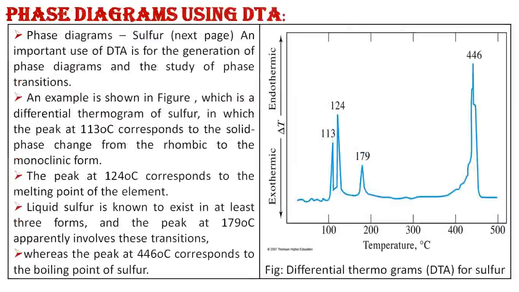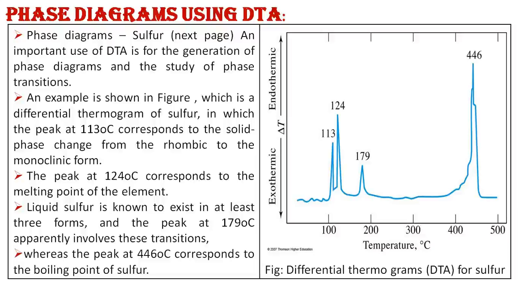Phase diagrams using DTA. We can measure the phase by using DTA. The differential thermogram gives one example, of sulfur. An important use of DTA is the generation of phase diagrams and the study of phase transitions. For example, shown in the figure is a differential thermogram of sulfur, in which the peak at 130 degrees Celsius corresponds to the solid phase change from the rhombic to the monoclinic form, and the peak at 124 degrees Celsius corresponds to the melting point of the element.